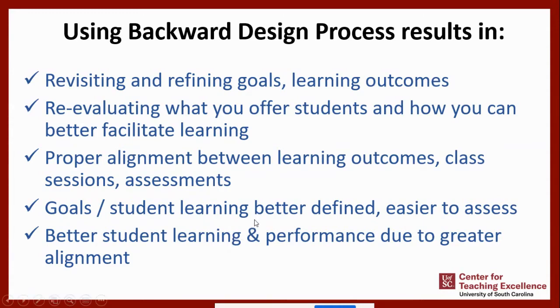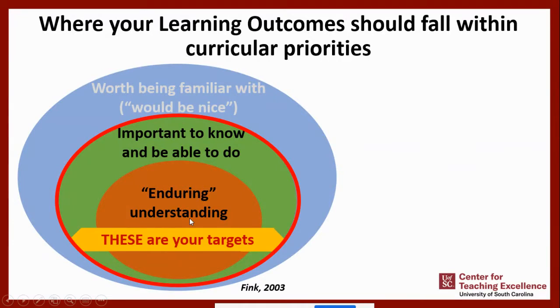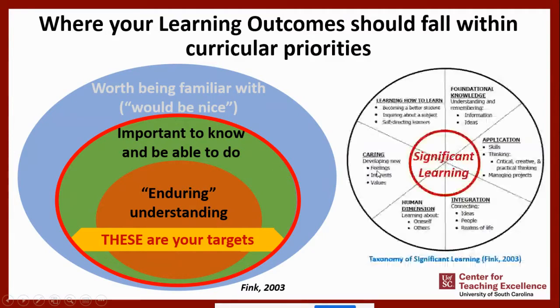So to remind y'all what your learning outcomes should be, y'all saw this image of what's important to know and be able to do, and the actual enduring understanding. And that's what you're trying to get your learning outcomes to represent. Yes, there's a whole wealth of information out there we want our students to know, but worth being familiar with, but there are some important key learning outcomes the course will address.